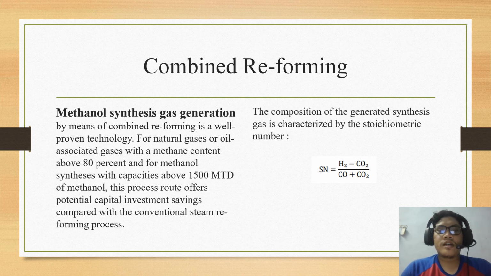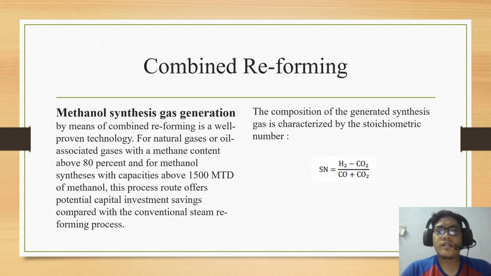Methanol synthesis gas generation by means of combined reforming is a well-proven technology. For natural gases or oil-associated gases with a methane content above 80%, and for methanol synthesis with capacities above 1500 mtpd of methanol, this process route offers potential capital investment savings compared with a conventional steam reforming process.